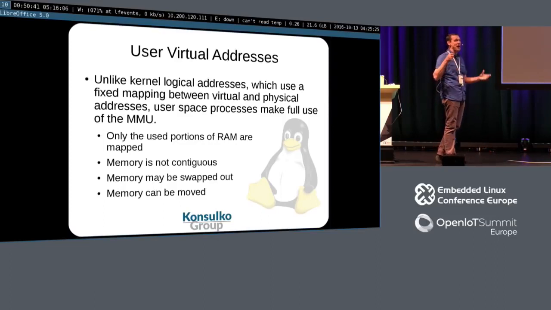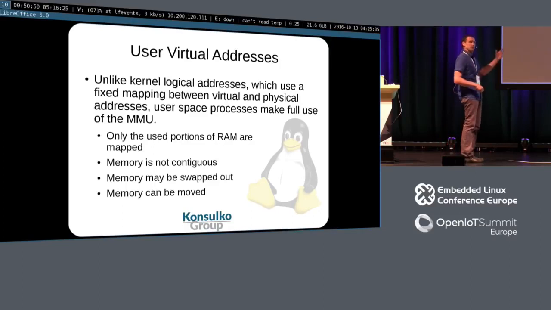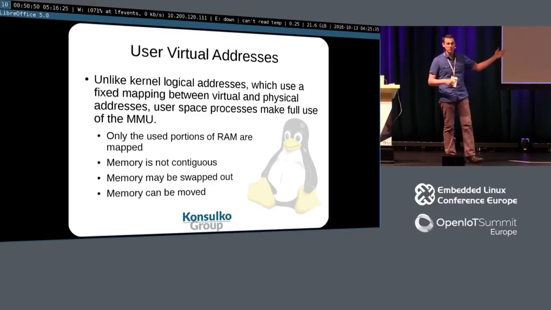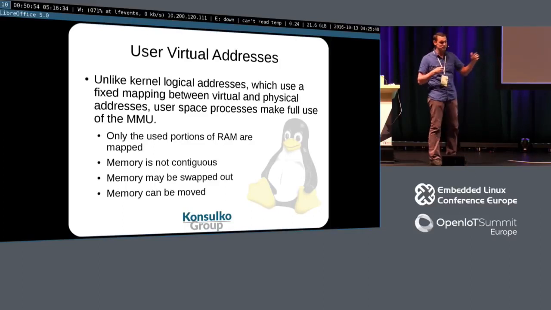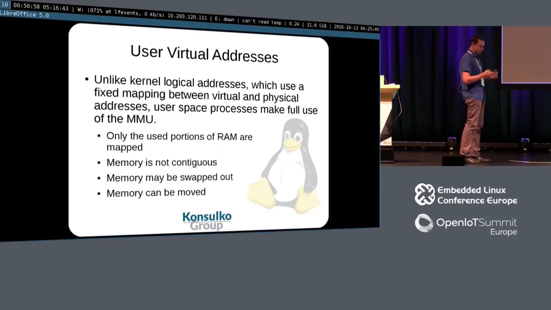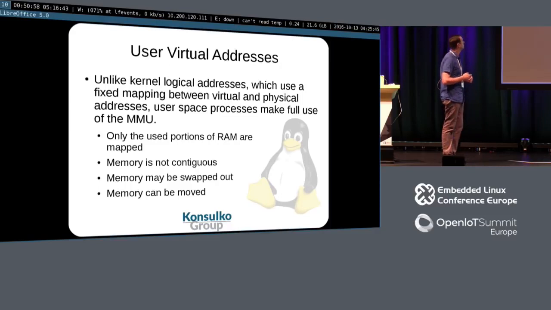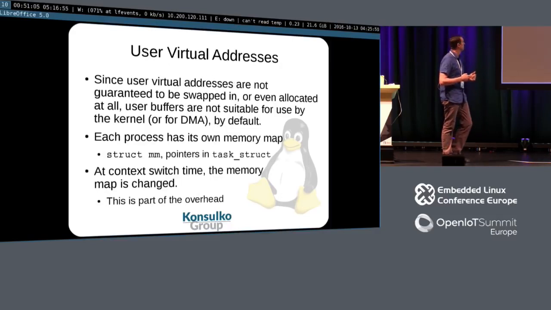It's a lot like the vmalloc space in the kernel. You can't rely on anything being contiguous just because it looks that way from the virtual address. And the nice thing is you can swap out. Remember, kernel logical virtual addresses are not swappable memory. And the memory can be moved around on you. So that's the virtual world.